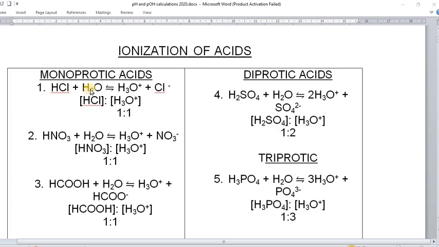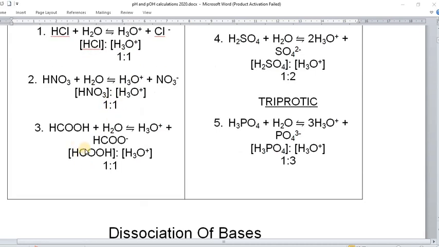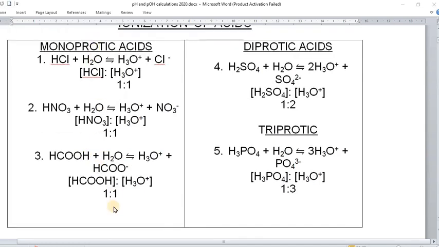If this ionizes in solution, it gives you 1 mole, or in terms of concentration, 1:1 if you're looking at the ratio. You take nitric acid, it is monoprotic, so it produces only 1 hydronium ion. So that also gives you 1:1. Ethanoic acid is also monoprotic, and that also produces 1 hydronium ion in solution.